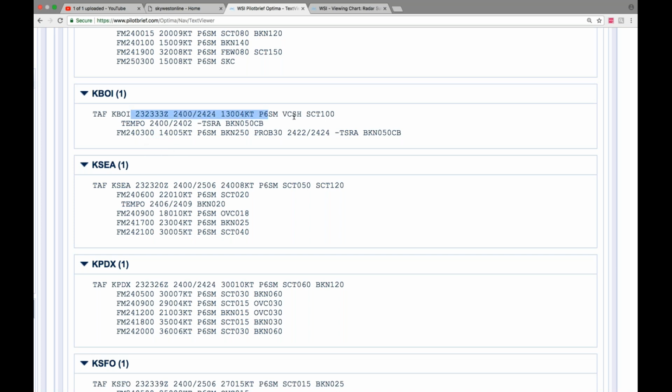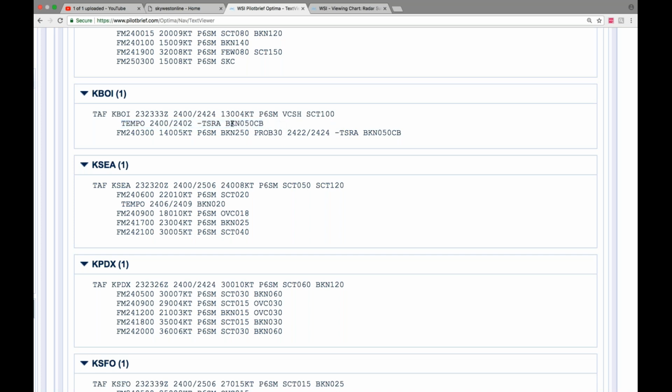This is the forecast for that time period to 0259. Then this line is valid from 3Z all the way until this 24Z. Okay, we call this the main body, and then this is what we call a temporary.